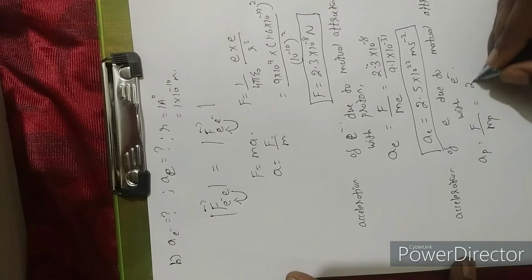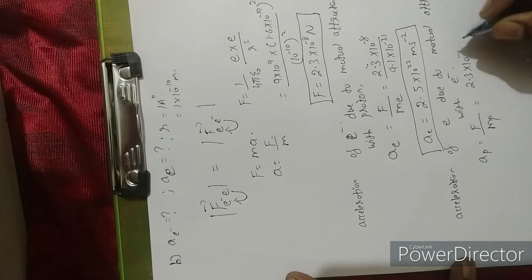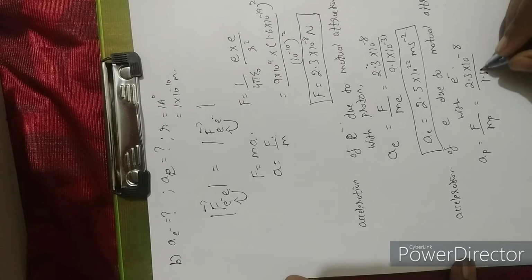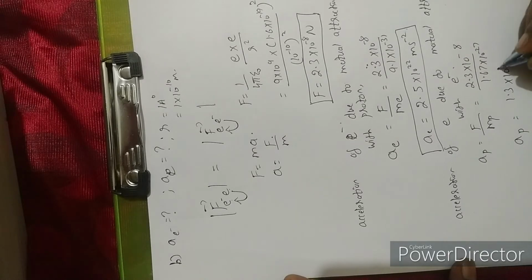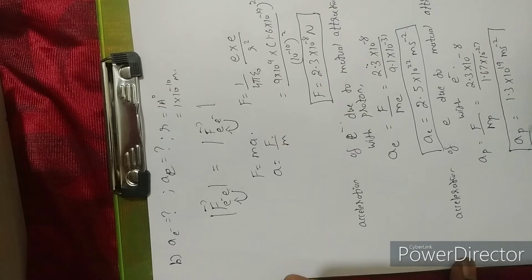So the mutual force is 2.3 × 10^-8 again, divided by mass of proton, 1.67 × 10^-27, and we find the acceleration of the proton to be 1.3 × 10^19 meter per second square. This is the acceleration experienced by the proton.